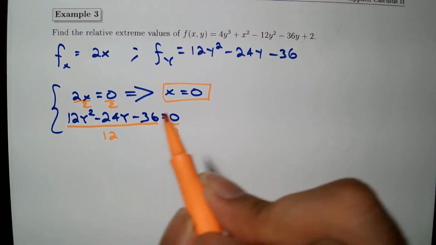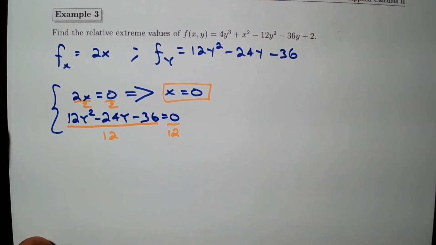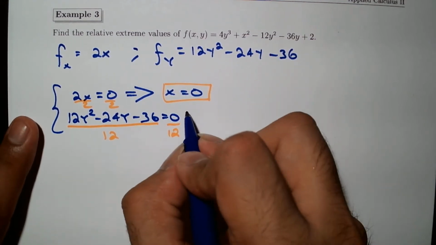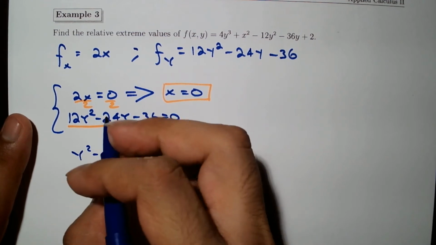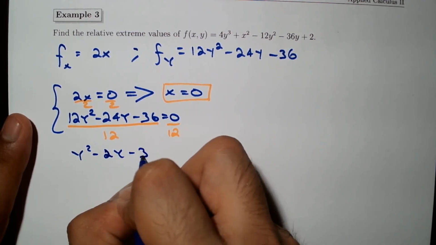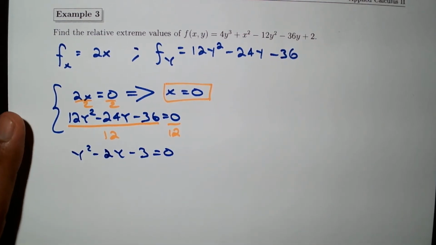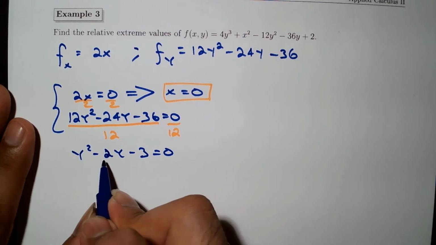I don't want to do that. So I'm going to write a simpler equation: y squared minus 2y minus 3 equals 0. And I'm going to look for factors of negative 3 that add up to negative 2.